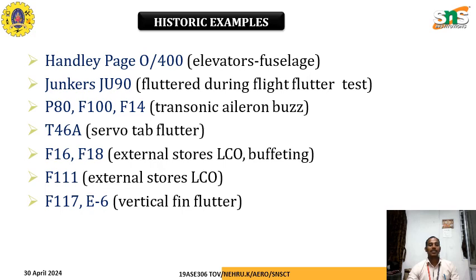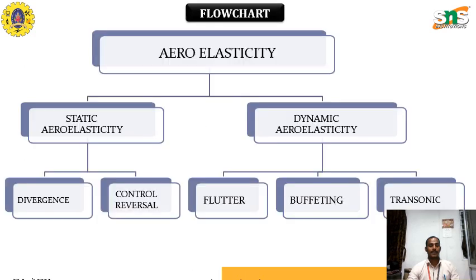T-46A, the servo tab flutter producing element. F-16, F-18 external stores LCO buffeting. F-111 external stores LCO, and F-117, F-16 vertical fins produce flutter. These are the cases where we can understand aeroelastic phenomena, and flutter and buffeting produced during various operating conditions.